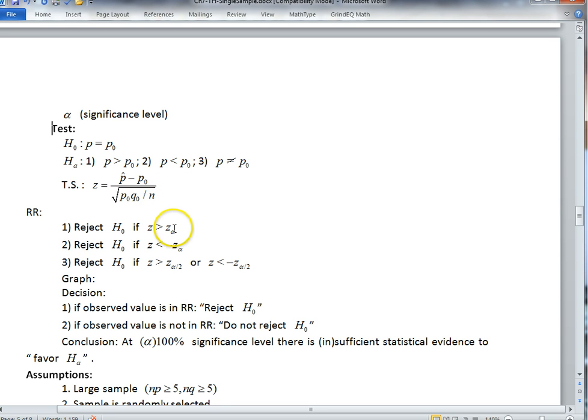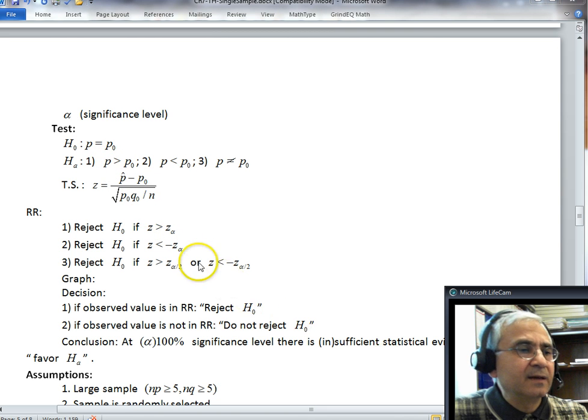And then our critical value is going to be z alpha if it's an upper tail test, since we're dealing with a large sample. It's going to be negative z alpha if it's a lower tail test, and it's going to be z alpha over 2 and negative z alpha over 2 if it's a two-tail test.